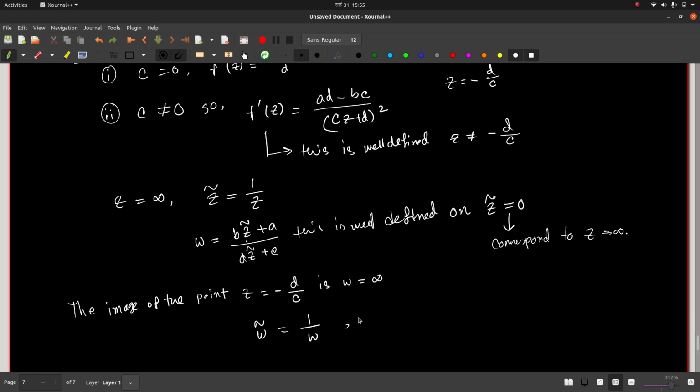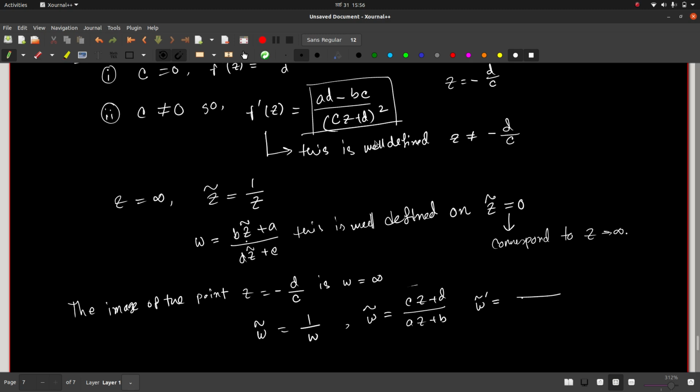Then we find w tilde to be equal to (cz + d) over (az + b), and the derivative of this is also not equal to 0 at z equals minus d by c. So it follows that w equals f(z), that is defined earlier, is also conformal at the derivative should be the derivative of this guy.